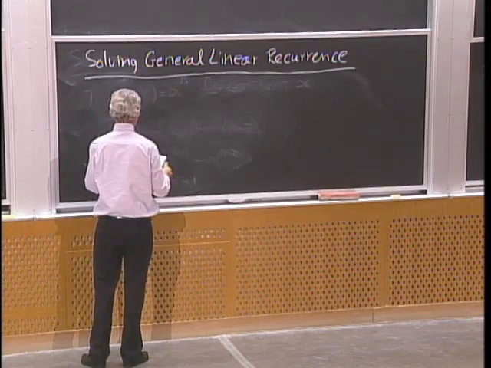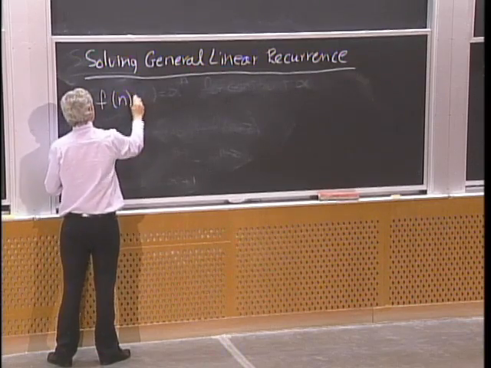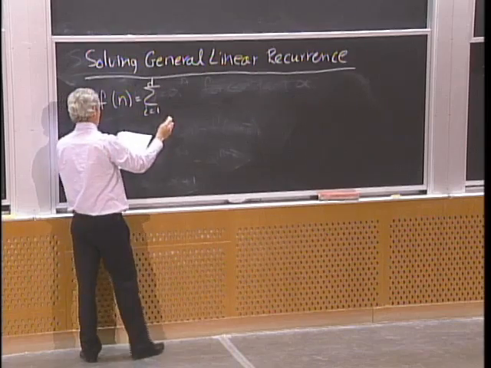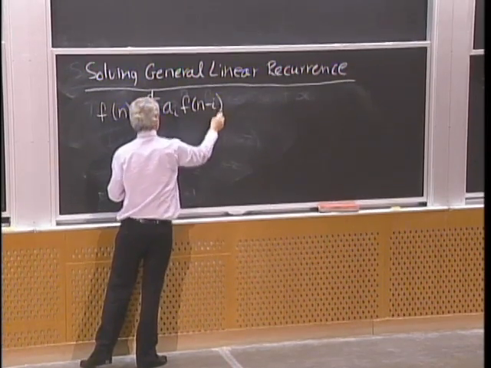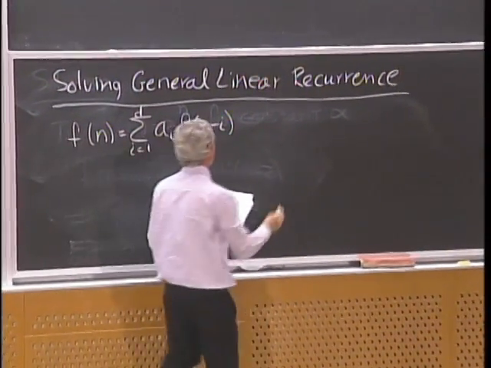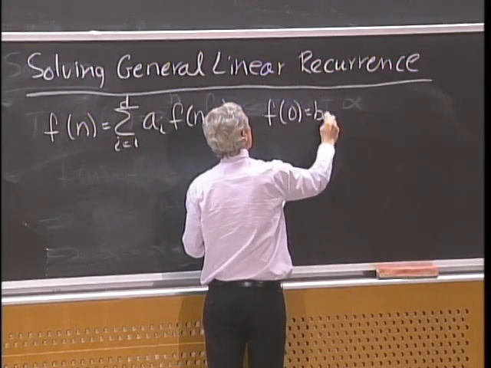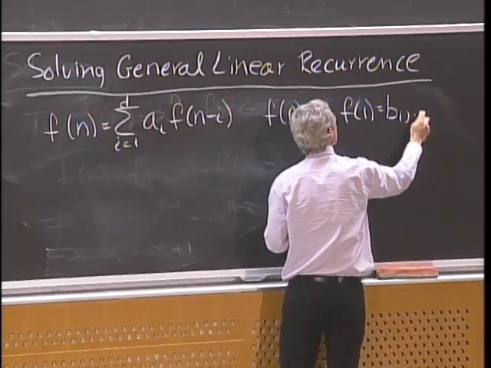So in this case, we've got f of n is the sum from i equals 1 to d for an order d recurrence, a sub i, f of n minus i. And we've got to have boundary conditions. So we'll have f of 0 is b0, f of 1 is b1.